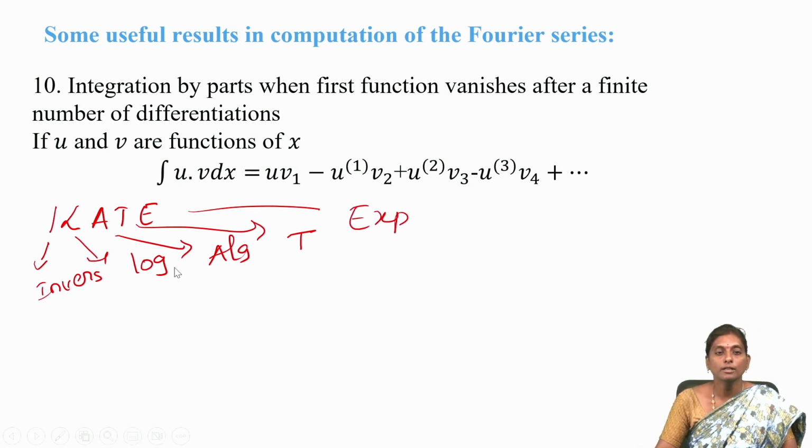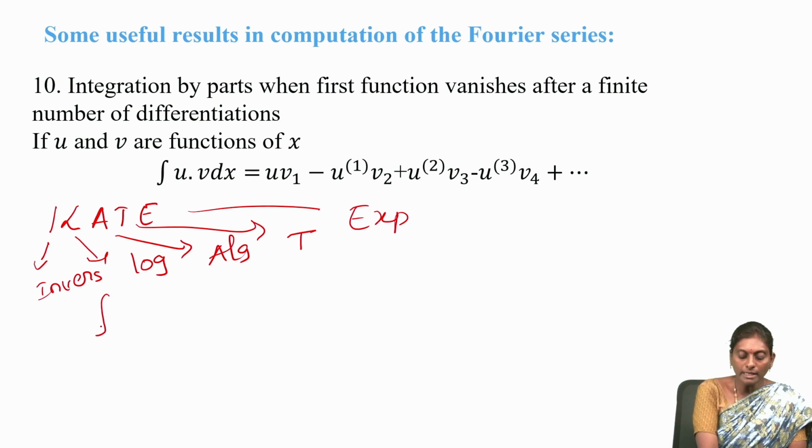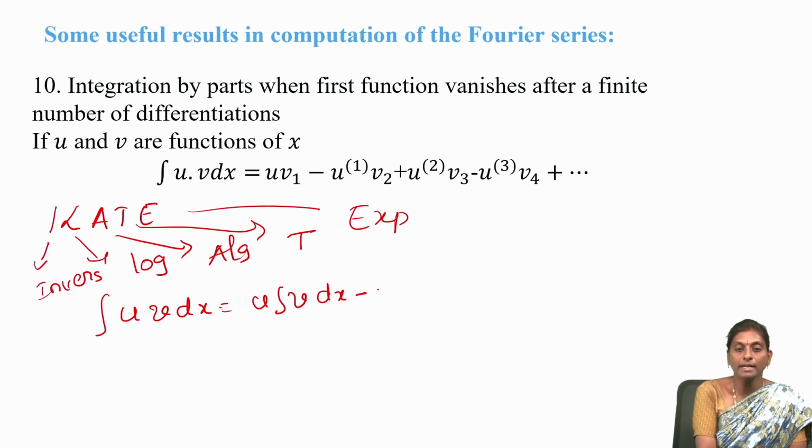So by using the ILATE condition, choose the values of u and v. So here I consider the integral of u v dx is equal to the formula u into the integral of v dx minus the integral of u dash into the integral of v dx.